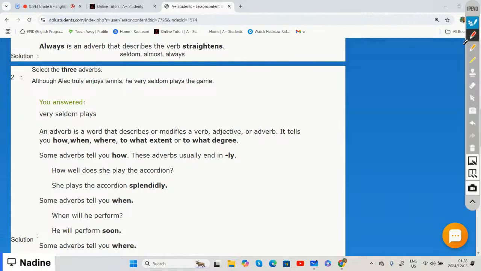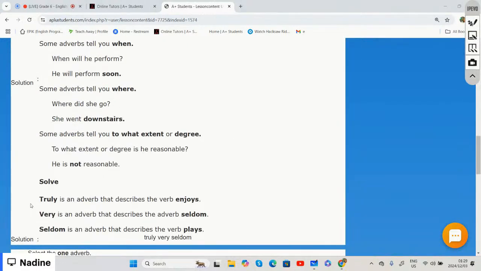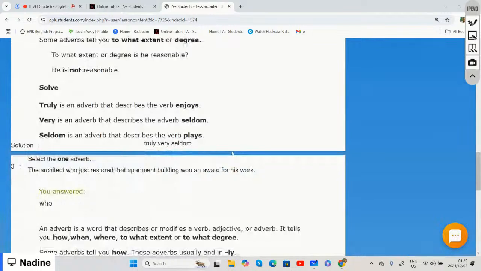And we have seldom, truly, and very. Those are our adverbs. Yes, truly, very, and seldom.